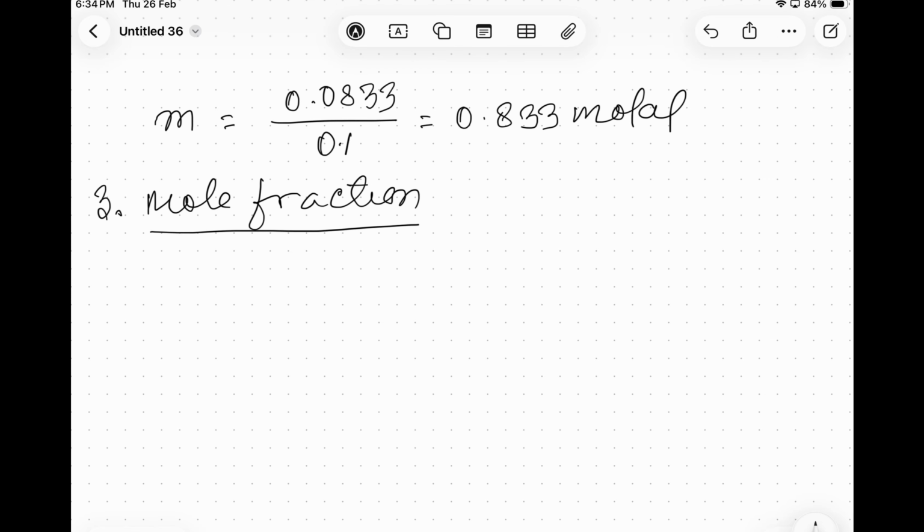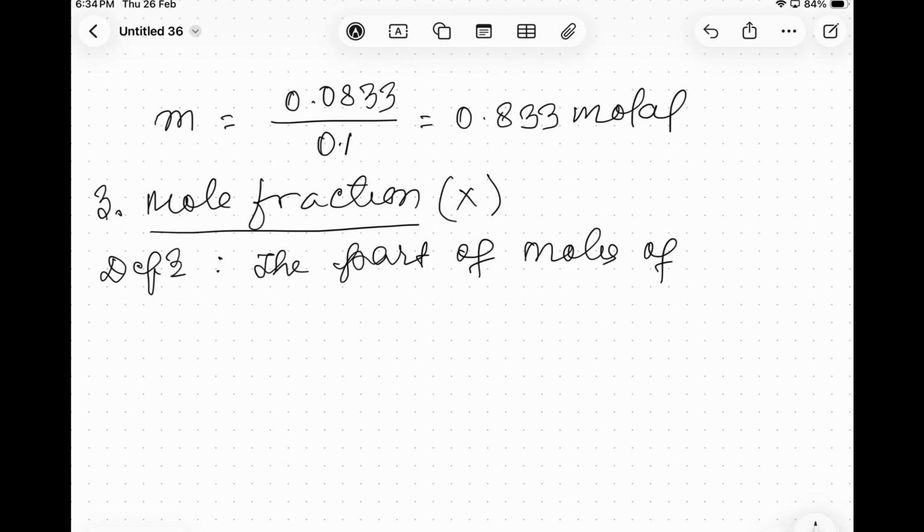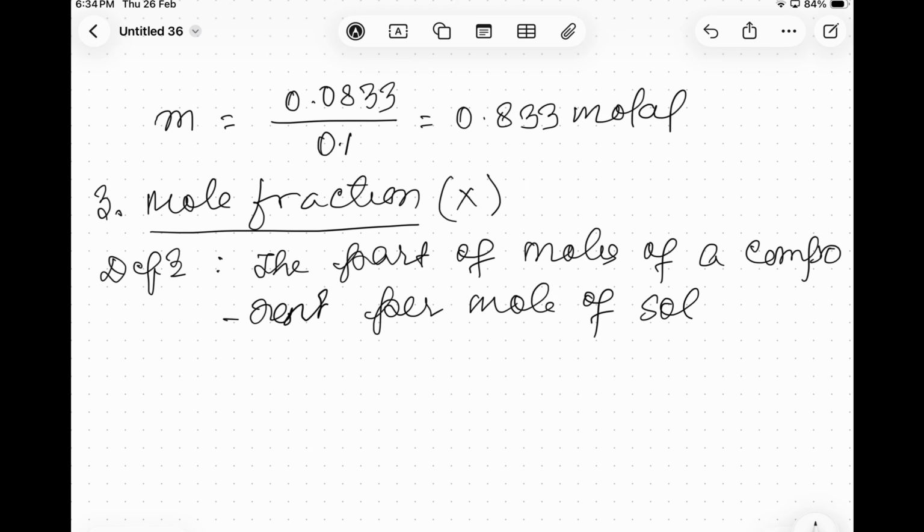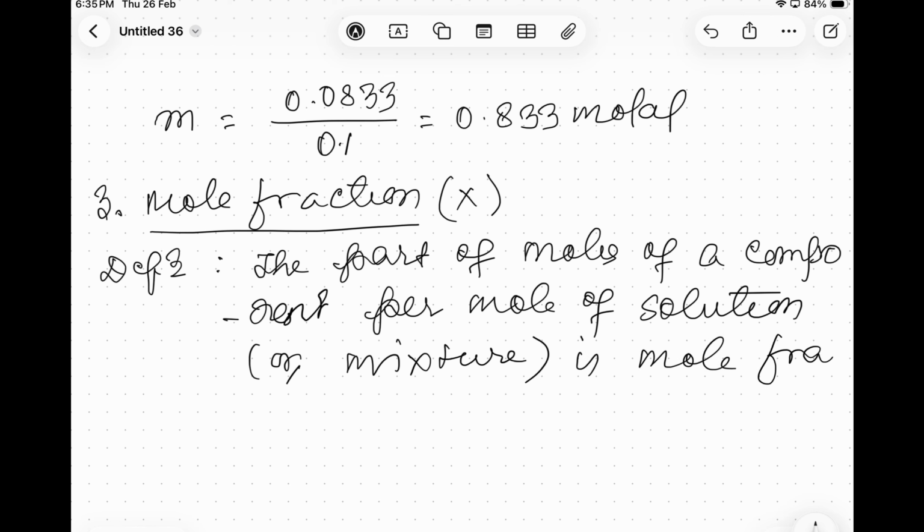Mole fraction is expressed by X. Definition of mole fraction: the part of moles of a component per mole of solution or mixture is the mole fraction of that component.